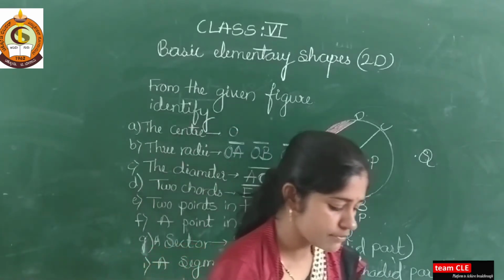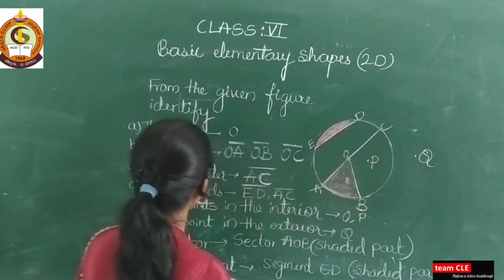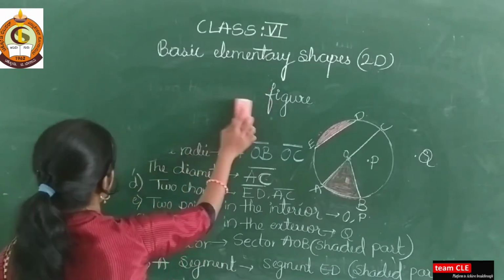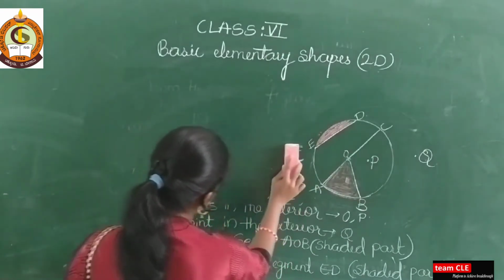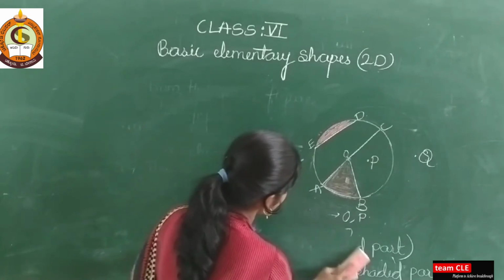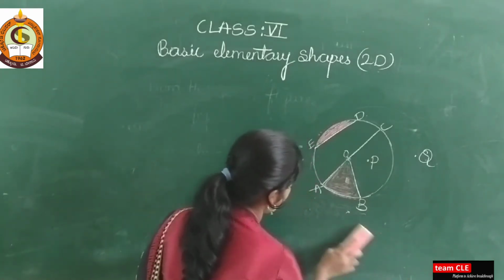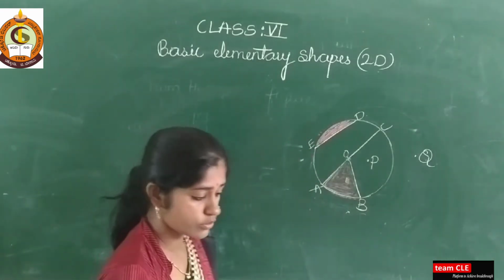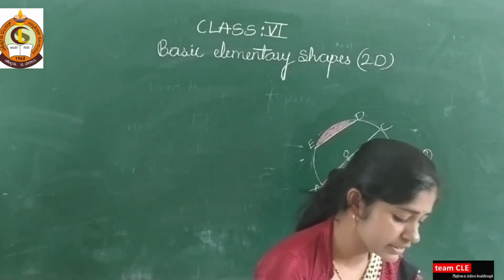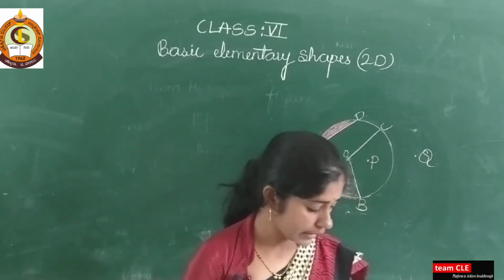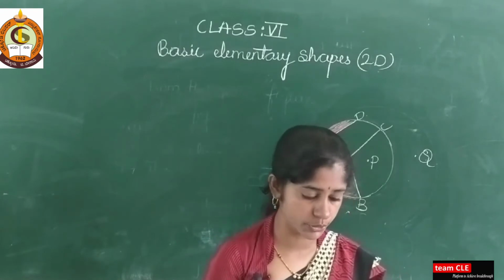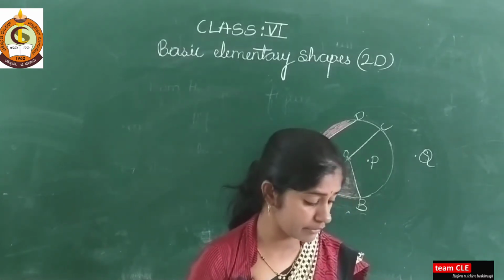Okay. Next, a few more points will come from your exercise 9.3, and the first question is true or false, and all of them are related to circles only. So state whether the following statements are true or false. Page number 132, exercise 9.3, first main.